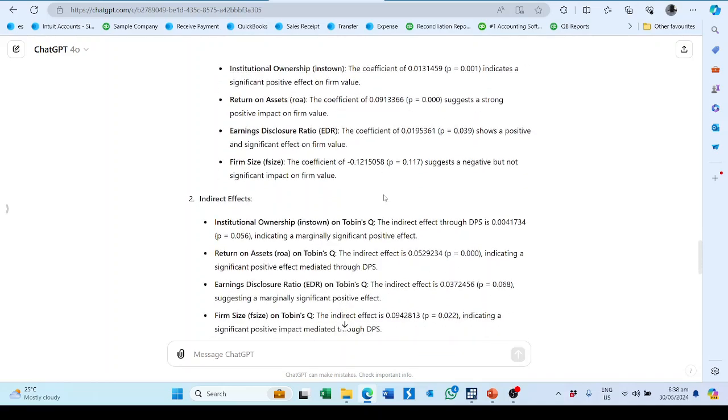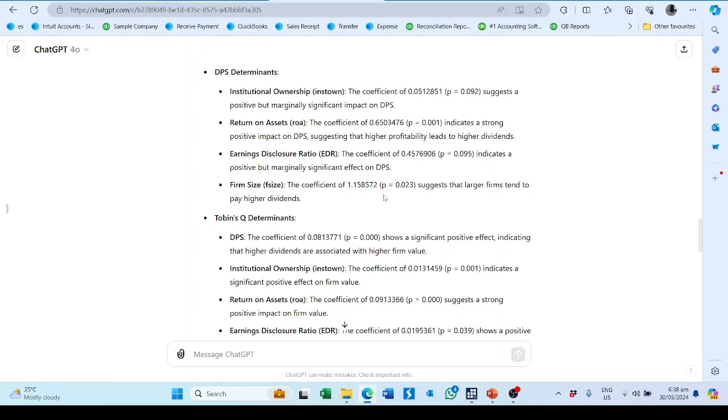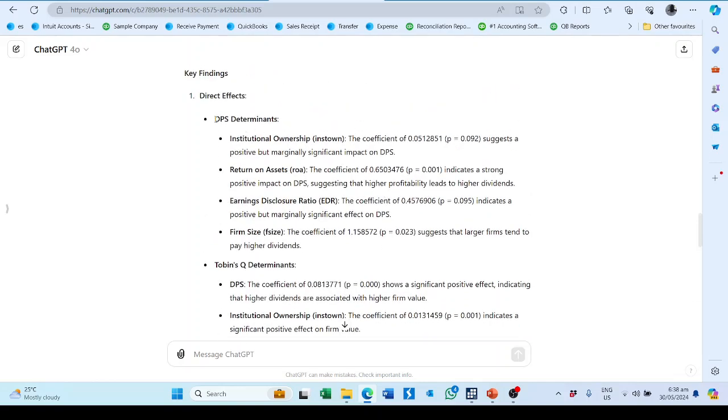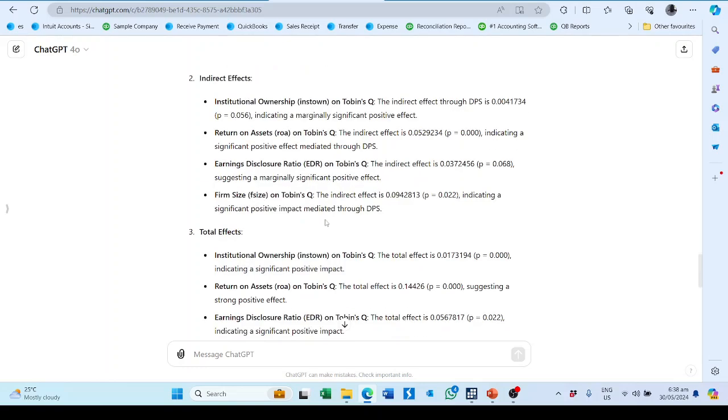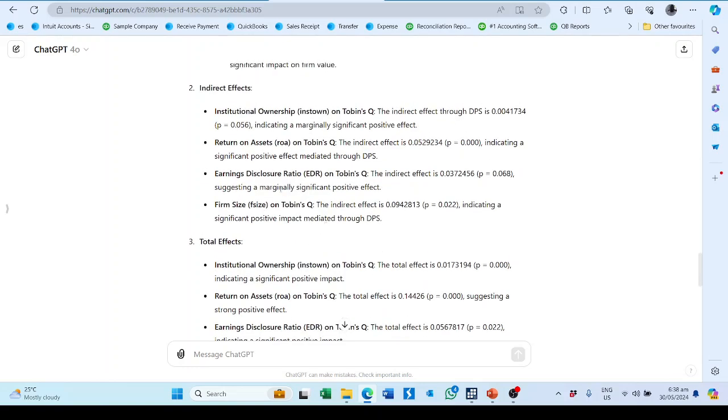So you can see the detail of the interpretation on dividend per share, and this is also the interpretation on Tobin's Q, and it also decomposed the indirect effect. This is it, institutional ownership on Tobin's Q. The indirect effect through dividend per share is this, with a p-value of 0.056, indicating a marginally significant positive effect.